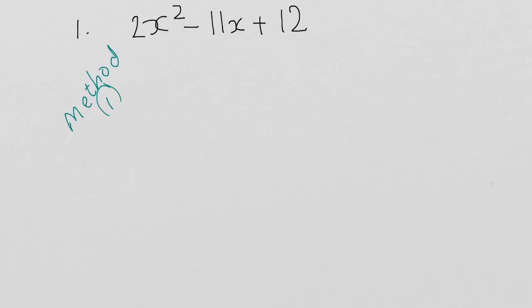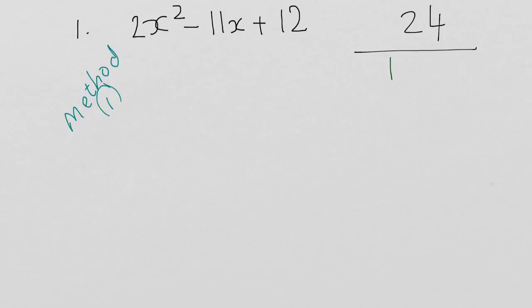The first method, we want to look at the coefficient of x squared, which is 2, multiply it by our number at the end, which is 12. So 2 times 12 will give us 24. And what we want to do with the 24 is write down all the factors.